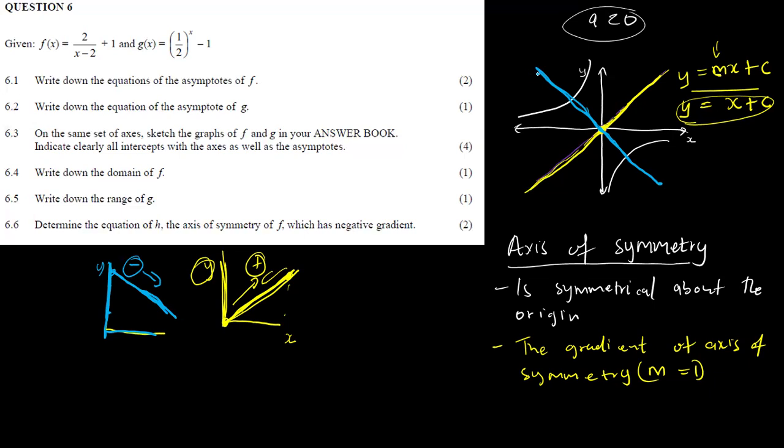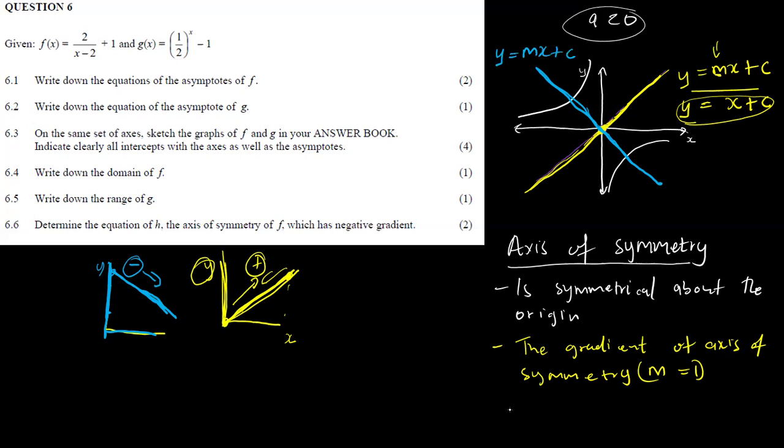So the equation for this graph, which is a linear function, is given by y = mx + c. But what is the gradient of this slope? I'm saying the gradient of the axis of symmetry will always be equal to 1, right? But look at the gradient here.